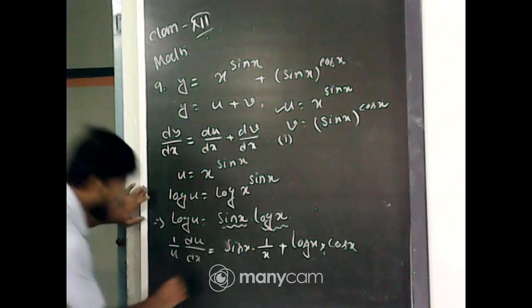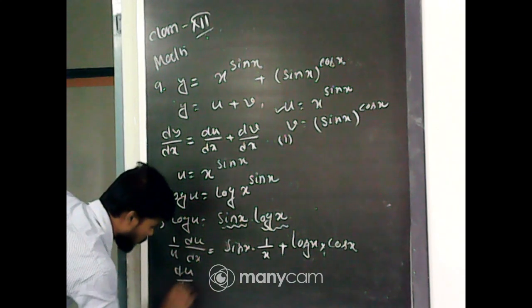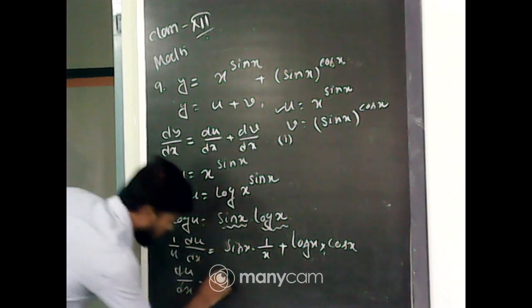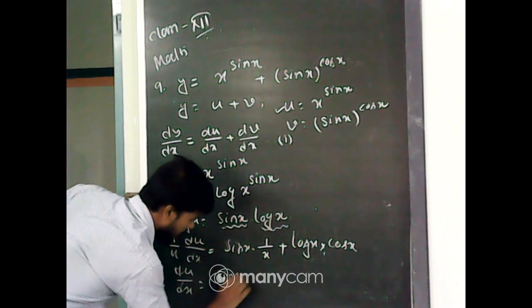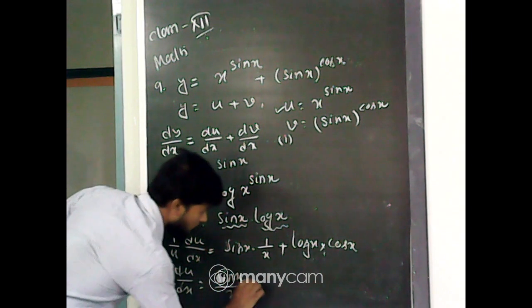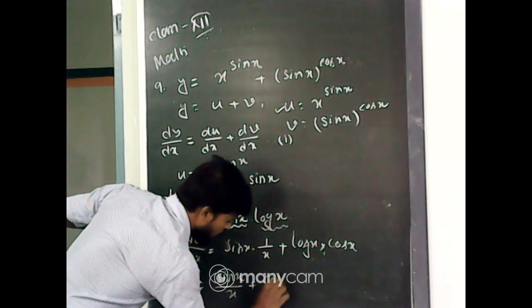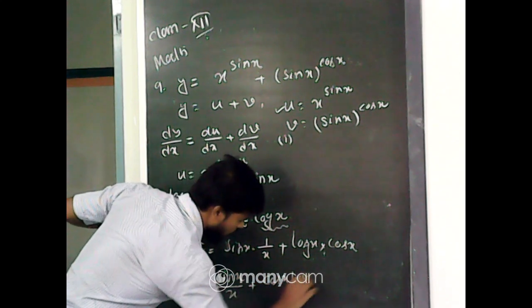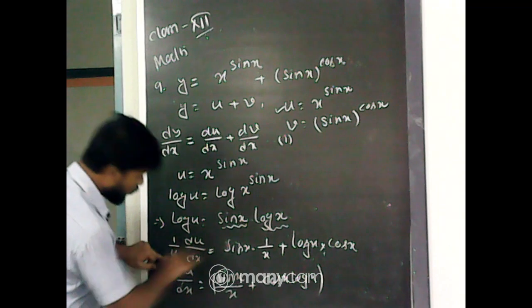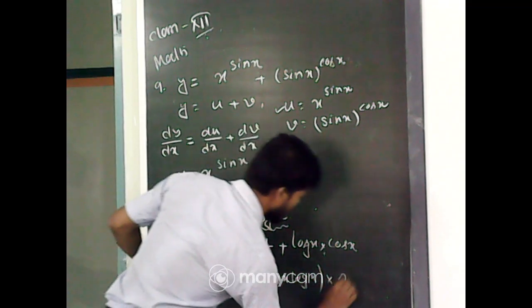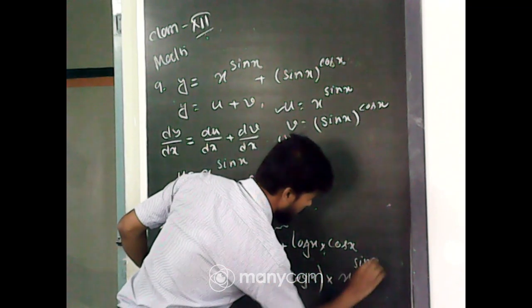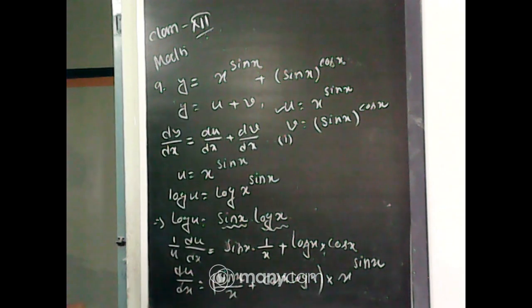Now calculate du/dx. So du/dx is equal to (sin x/x plus cos x log x) into u, and put the value of u as x to the power sin x. So this is the value of du/dx.